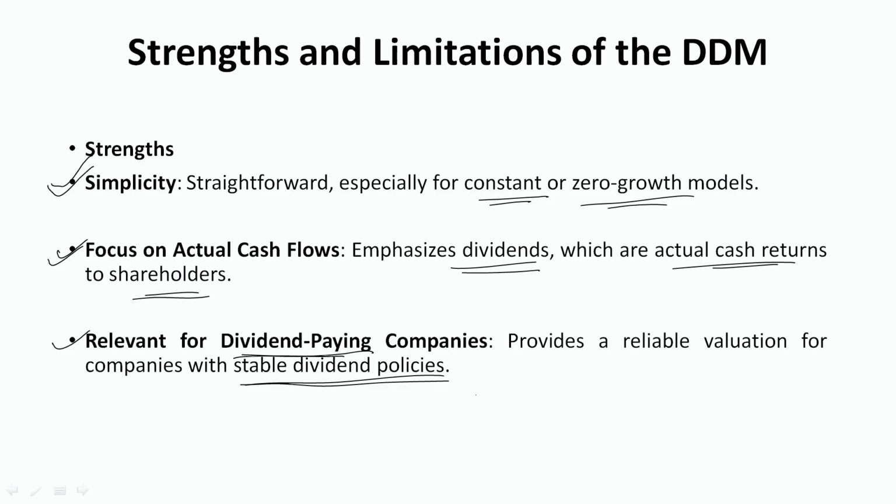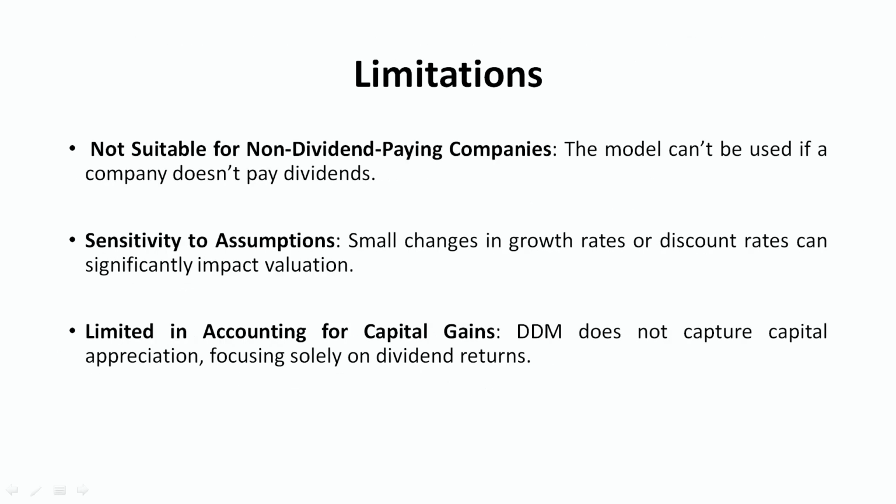Okay. So, if the growth rate is considered to be constant, then I can say that the company is following a stable dividend policy based upon their performance. They are foreseeing their performance to be like that.